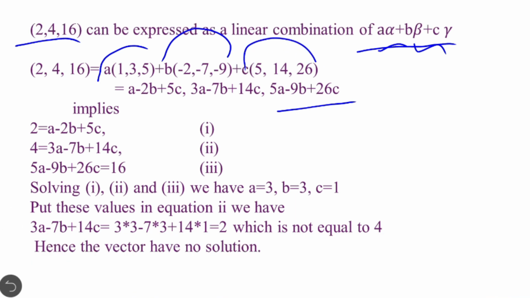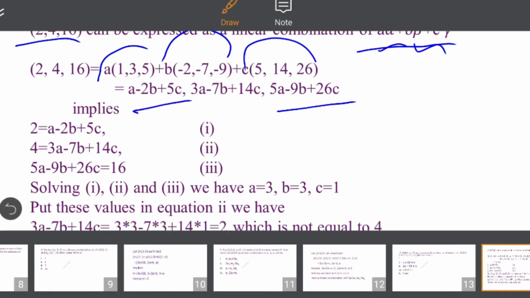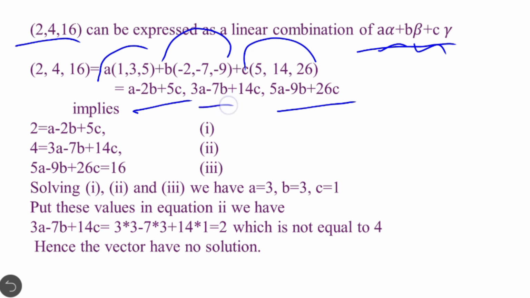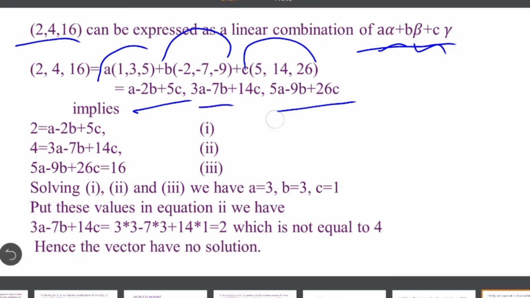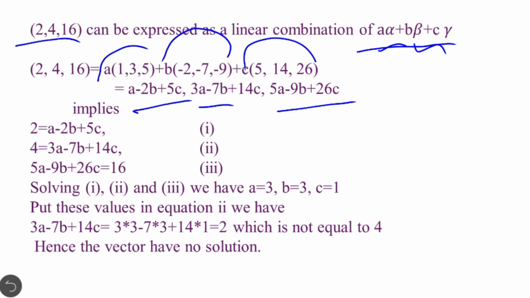This simply implies the first term will be equal to 2, 3A minus 7B plus 14C equals 4, and 5A minus 9B plus 26C equals 16. When we solve these three equations, we have A equals 3, B equals 3 and C equals 1.